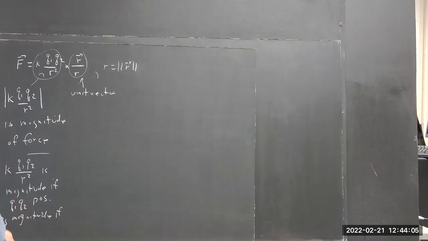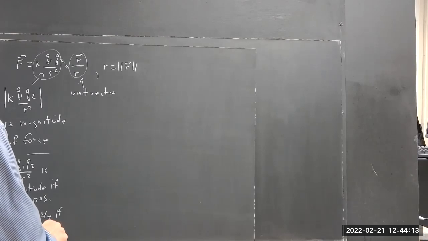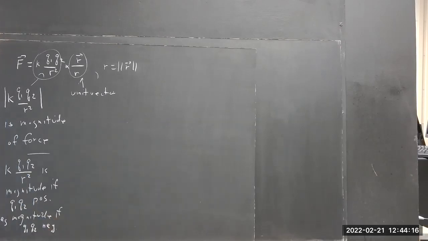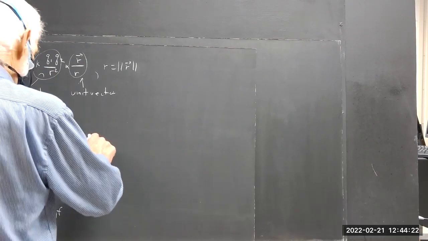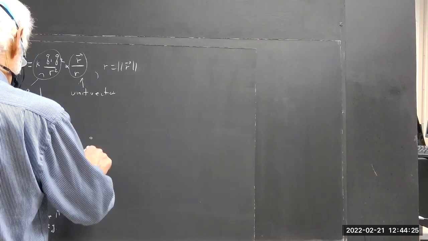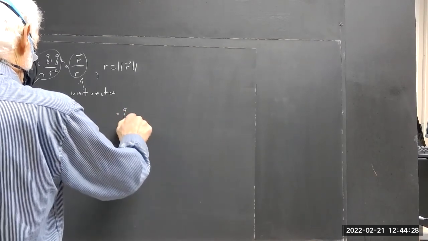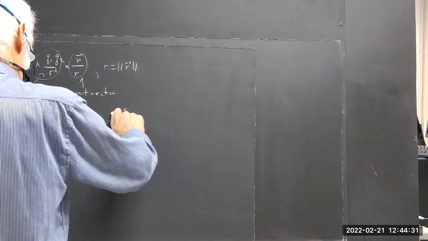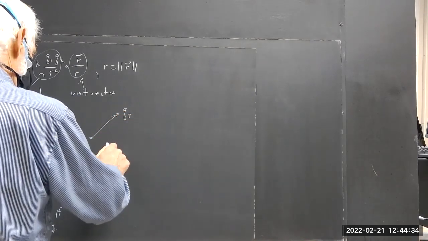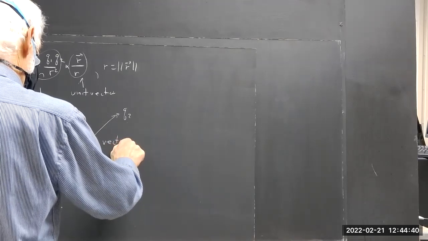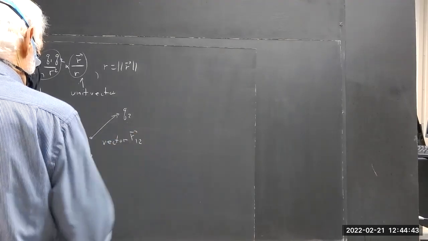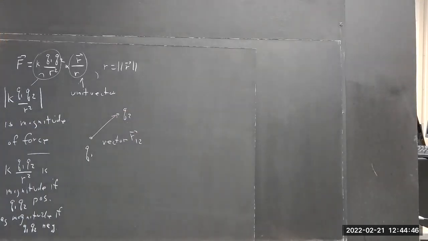It's a positive magnitude if Q1Q2 is positive. It's a negative magnitude if Q1Q2 is negative. So when you multiply by the unit vector, okay, so you've got charge, this would be your vector R12.